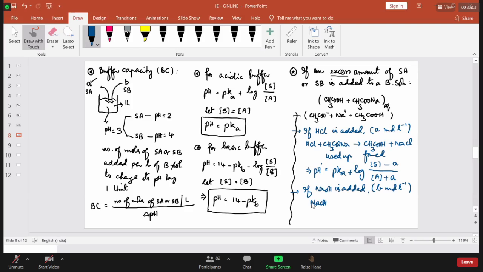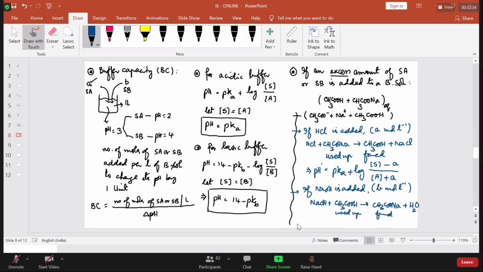Therefore, sodium hydroxide will be used up with the available acetic acid. And there is a formation of sodium acetate, CH3COONa. Write down properly, sir. There is a formation of sodium acetate and water. Acetic acid is used up and sodium acetate is formed.